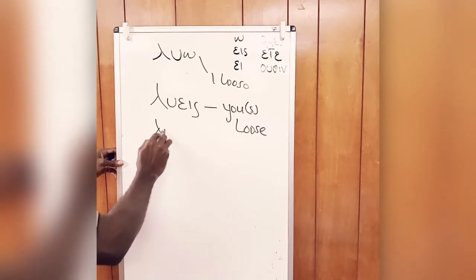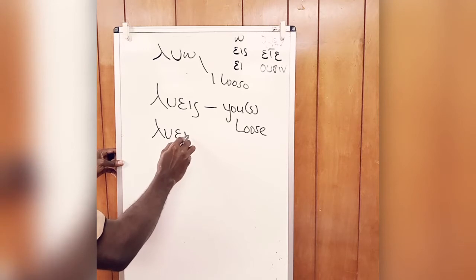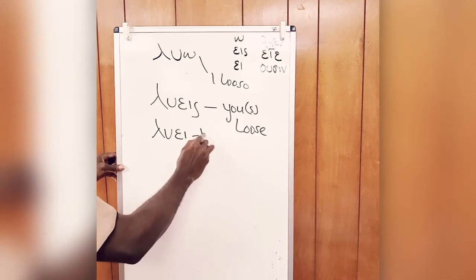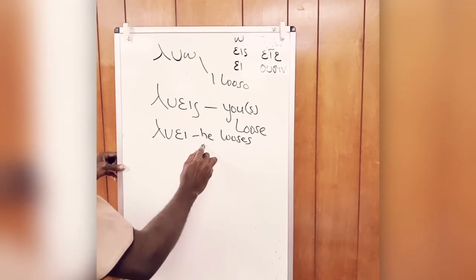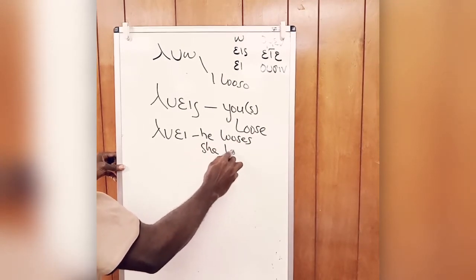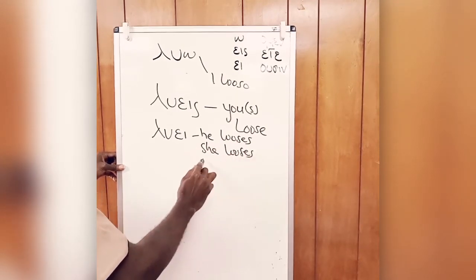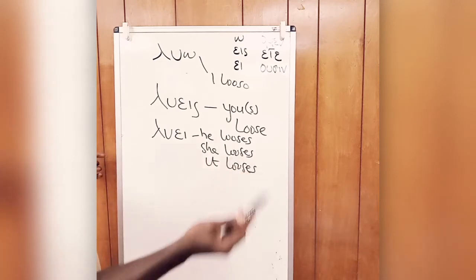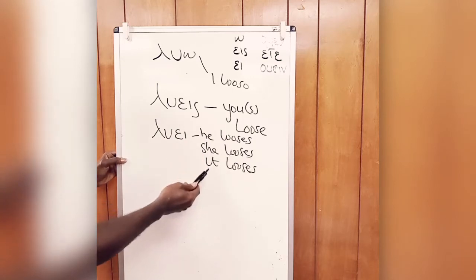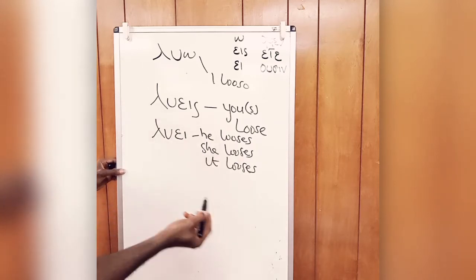If you take the third person, luei, it means he loses, she loses, or it loses, depending on the gender that is applicable.